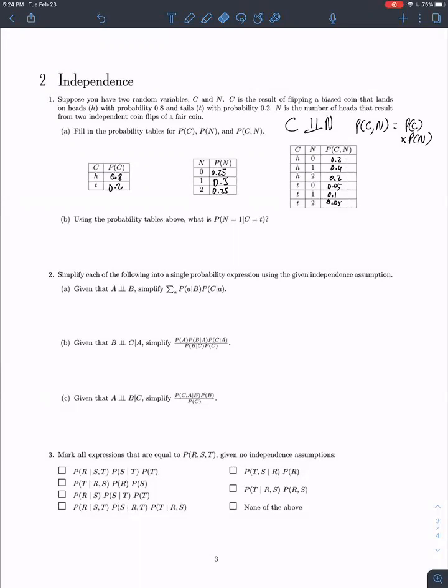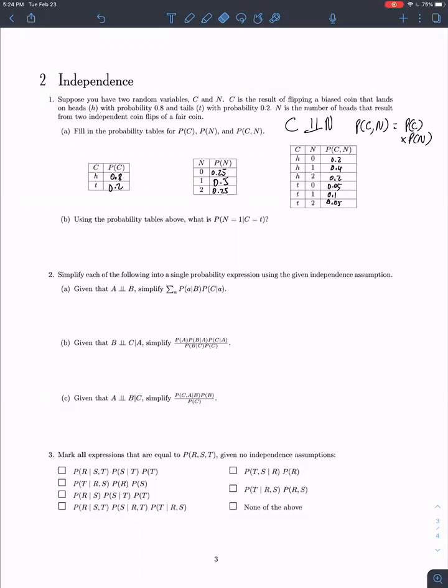Next question: what is the probability that N equals 1 given that C equals T? So the probability that you have 2 independent coin flips of a fair coin, you got 1 head, given that your biased coin landed tails.